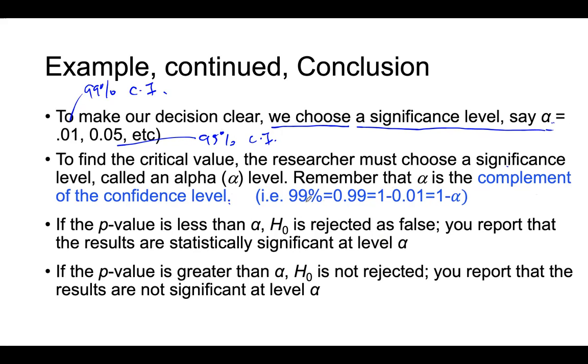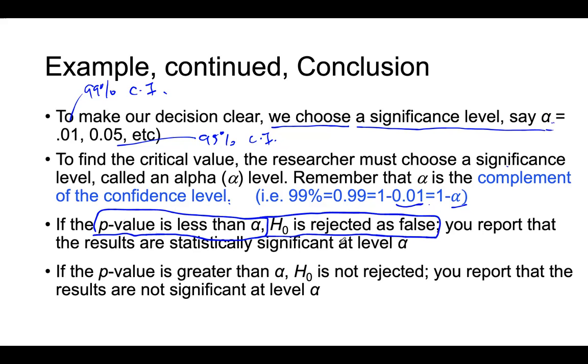So let's say 99% will be 0.99, which is 1 minus this, so our alpha would be 0.01. If this p-value is less than alpha, then the null hypothesis is rejected as false.